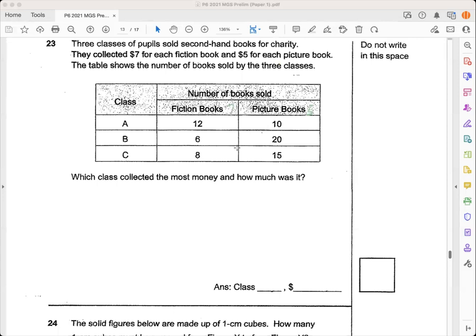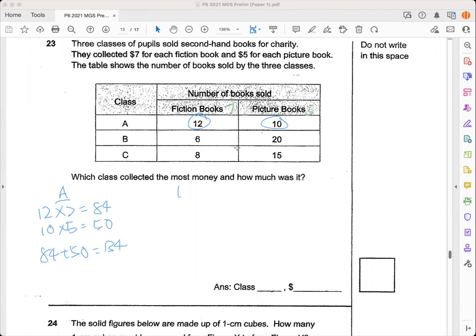So let's look at class A. 12 times $7, you get 84. And then 10 picture books will be 10 times $5, $50. Altogether, 84 plus 50, 134. So class A collected 134.